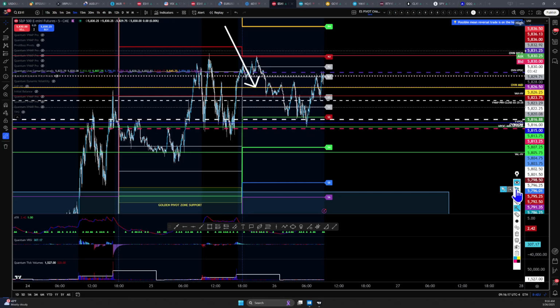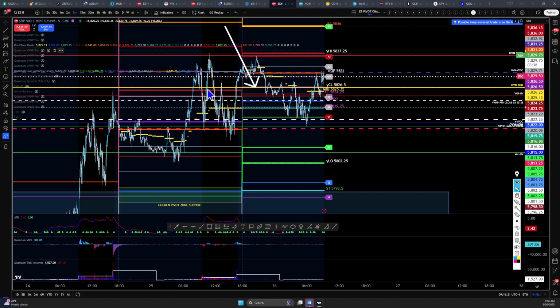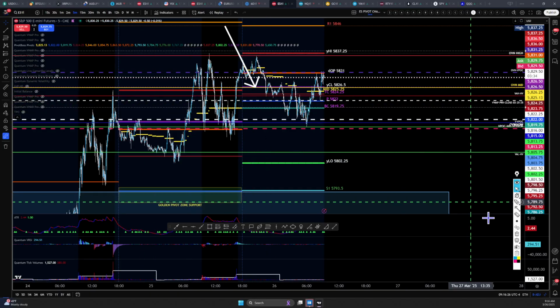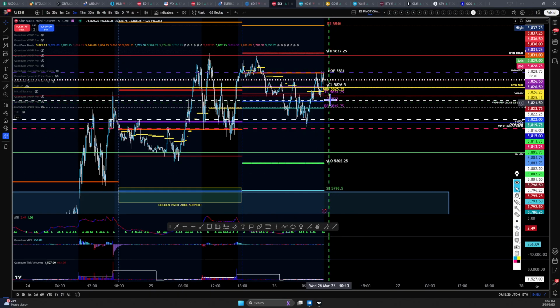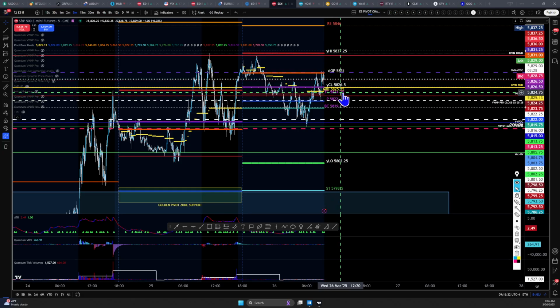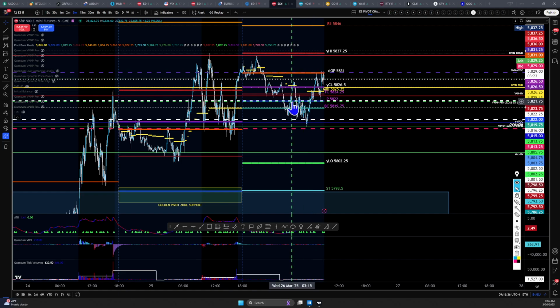Let's see, let's throw on the floor pivots, and we're gonna take off the Camarillas so it can be a little clearer. Right, so we have the central pivot here at around value area high. Central pivot is at 58.22, that blue line right there.